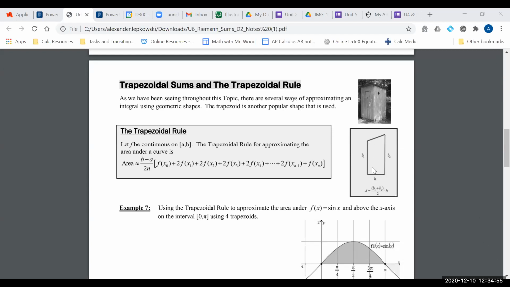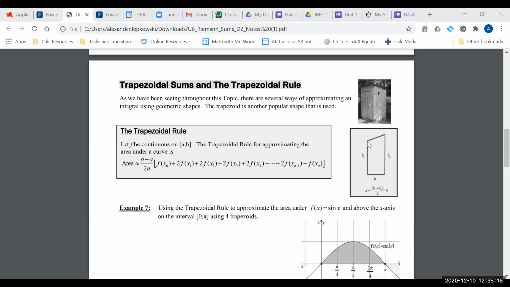We're not finding the area of a rectangle, we're finding the area of a trapezoid. And the area of a trapezoid is the height times the mid-segment length, which you learned in geometry. Or as expressed here, it's b sub 1 plus b sub 2 divided by 2 times h.